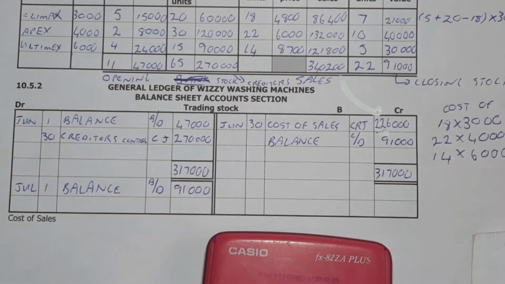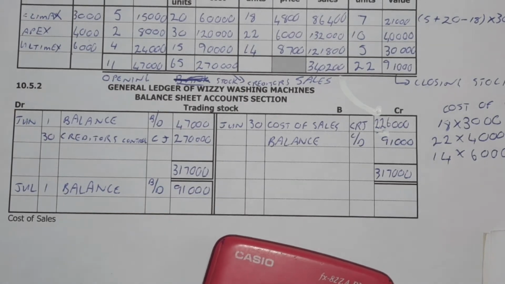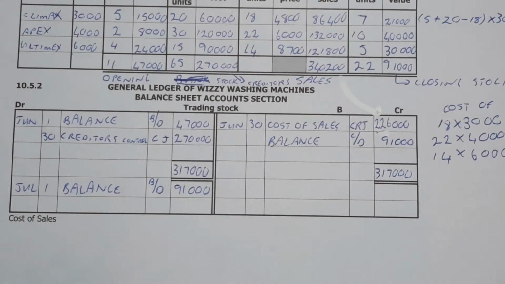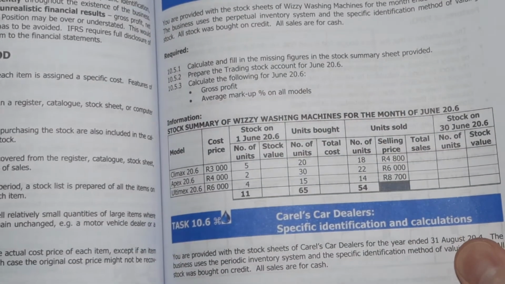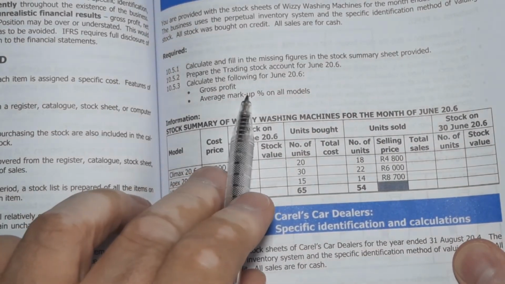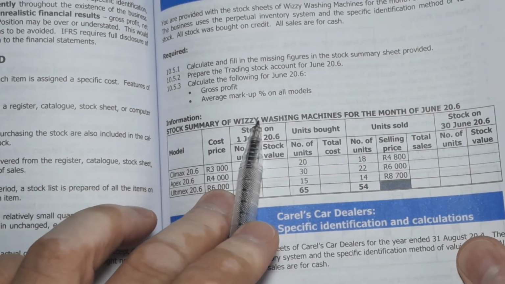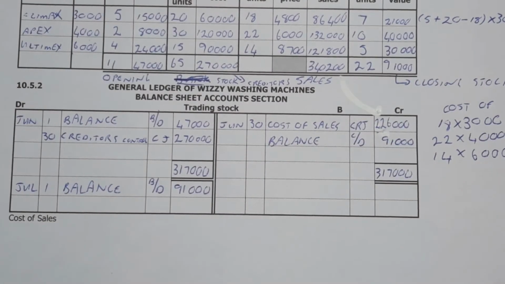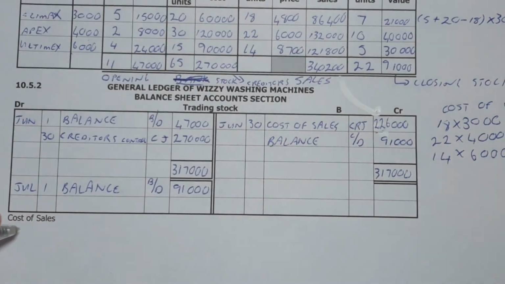That is 10.5.1 and 10.5.2. 10.5.3. Calculate the following: the gross profit and the average markup on all the models. So to calculate the gross profit, obviously you would take your sales.